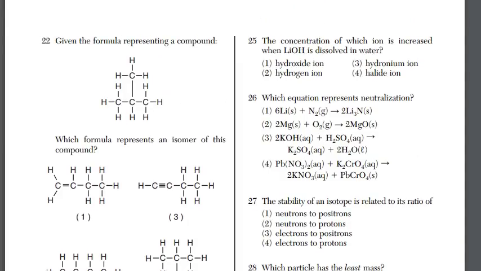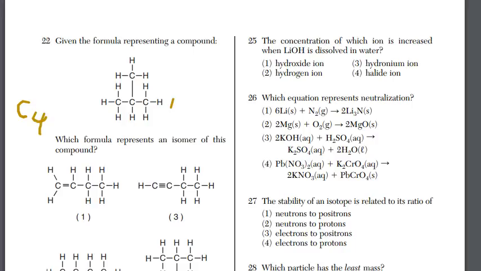Question 22. We're given a compound. It's actually a structural formula for an organic compound. I know that because there are carbon atoms in the compound. And we're asked which of the following choices represents an isomer. So the first thing you're going to want to do is count up the number of carbons, which is 4, and then count up the number of hydrogens.